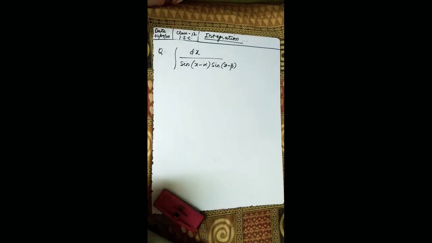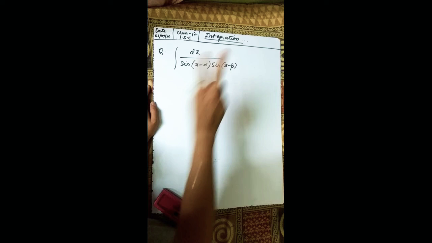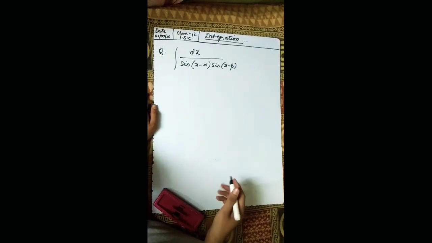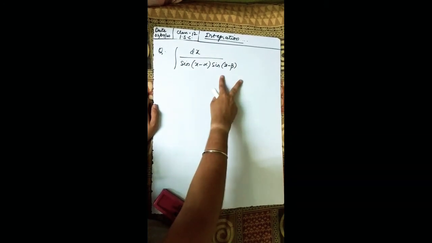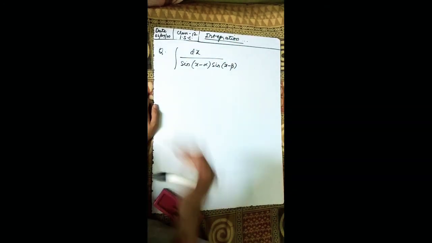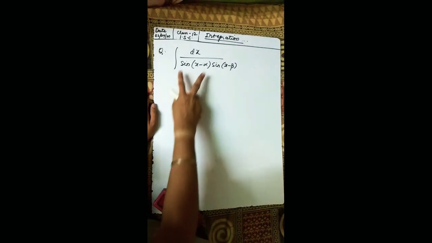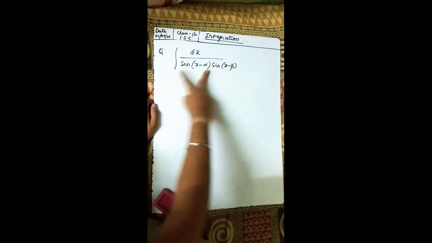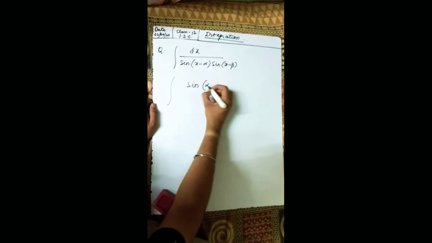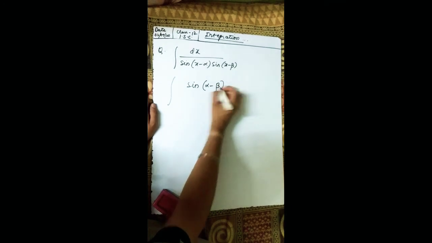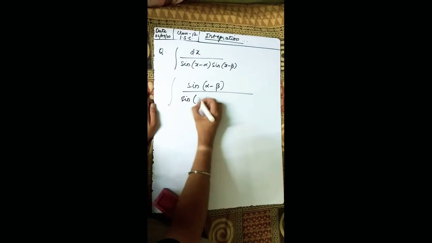Here you have one question: integration of dx upon sin (x minus alpha) sin (x minus beta). As I told you, you need to remove these terms from the denominator. As we have nothing in the numerator, what to do? To remove sin (x minus alpha) and sin (x minus beta), I am multiplying the numerator with sin (alpha minus beta), and also dividing with sin (alpha minus beta).